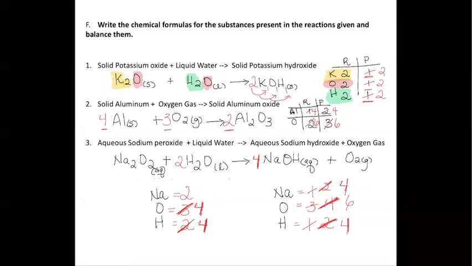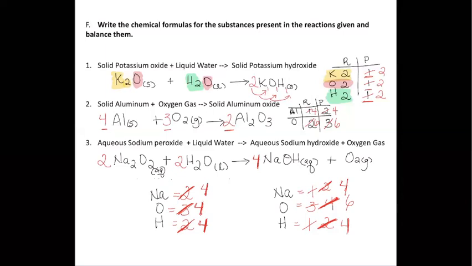But notice that the two things that are unbalanced between reactant and product, which are sodium and oxygen, in the reactant, we have them together. So if we put a coefficient of 2 before the sodium peroxide, we take our sodiums to 4.